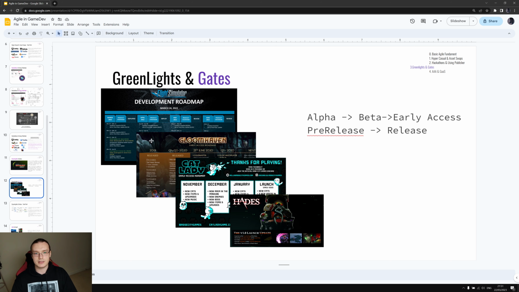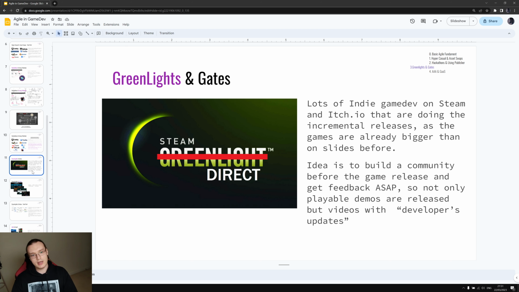This is an example of how it's done in Flight Simulator. There are examples for Farming Simulator, Gloomhaven, Cat Lady, Hades. So all of the companies and all of the indie developers that are working with a public roadmap, who are trying to release something, not necessarily a game, but something that will help them with releasing the game, are going through this approach.